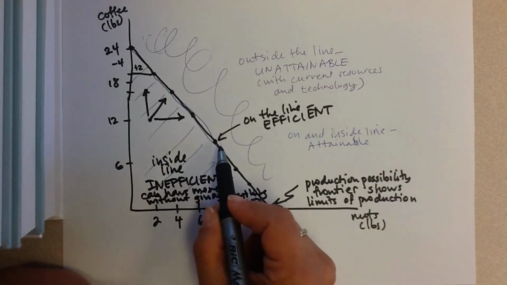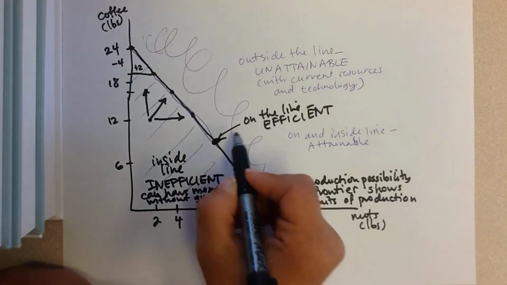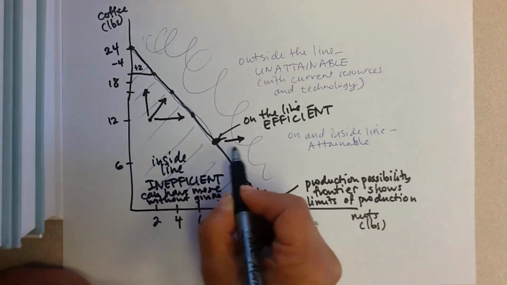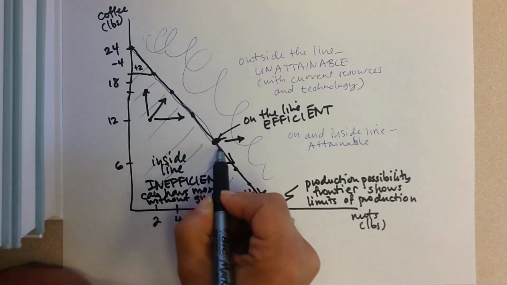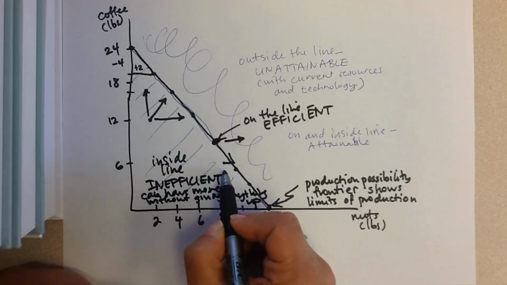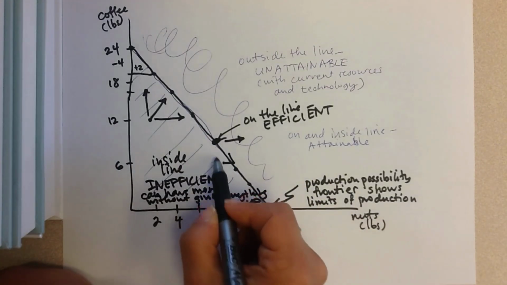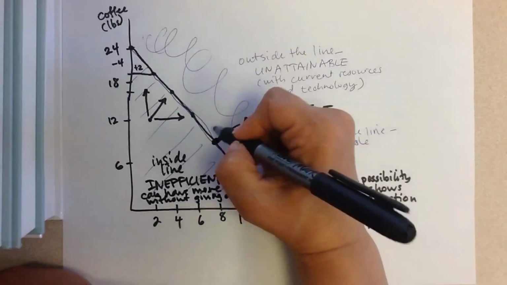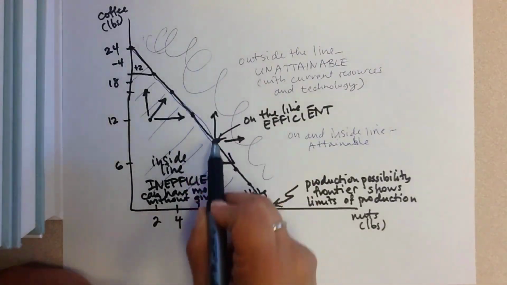The only way to get more, let's say we're here at this point and we want more nuts, we can't go out just horizontally and get more nuts and keep the same amount of coffee. The only way to get more nuts is to decrease the coffee, to shift some of the time from coffee to nuts. So we can have more nuts, but we are going to lose on the coffee. Or if we're here and we wanted more coffee, we can't just increase our coffee while maintaining the nut output.